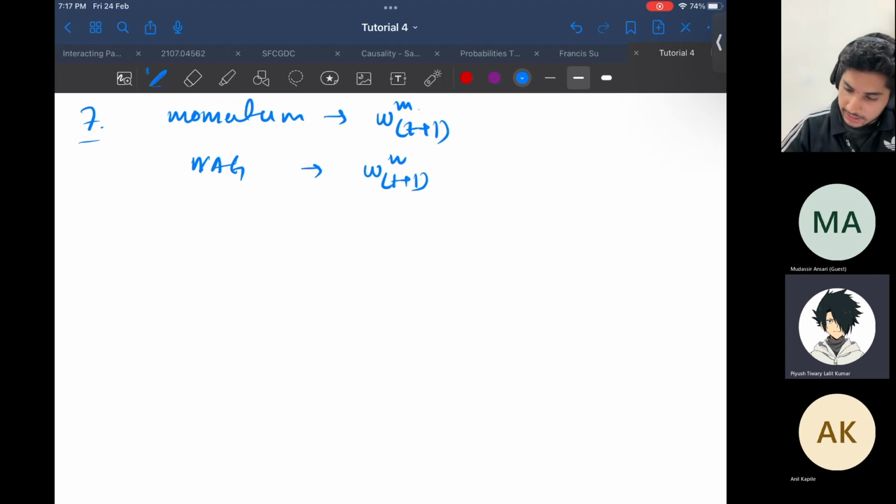So let us take this here and take the mod. Okay. So wt plus 1 n, let us do this for NAG first, minus wt. Okay. This will become what? Minus gamma times update t minus 1 minus eta times gradient, plus eta times gamma times gradient with respect to update t minus 1, and let me divide this by wt plus 1 m minus wt.